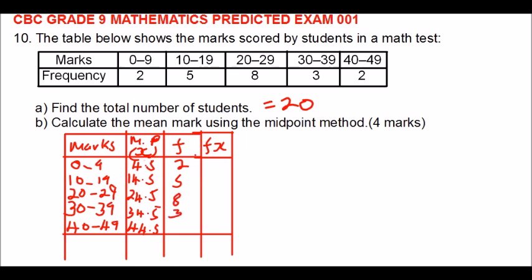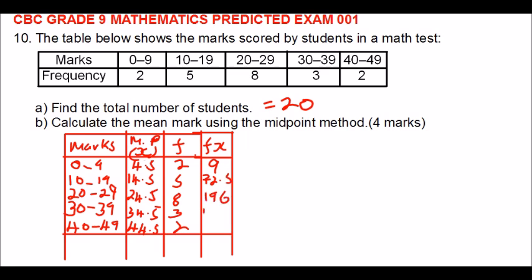Now we are okay. We multiply the midpoint, that is x, multiplied by f. So this is where we got 9. Here we got 72.5. We got 196.